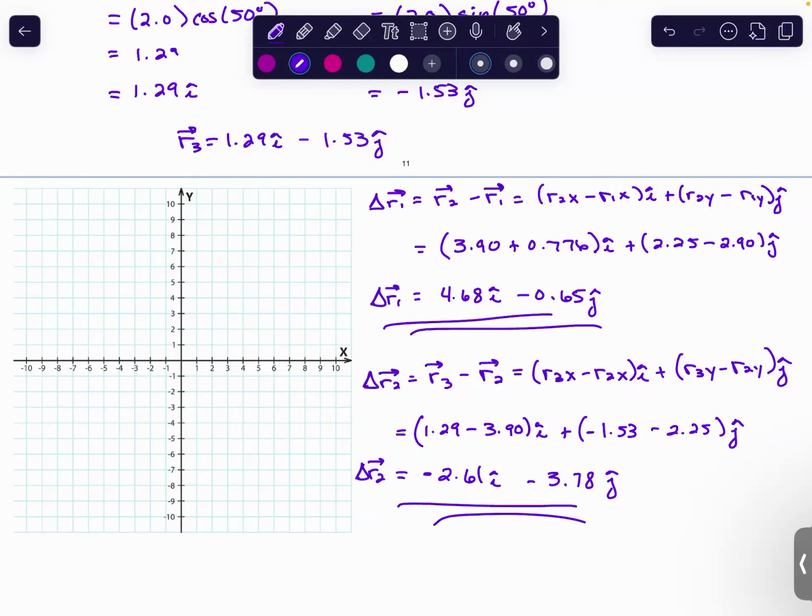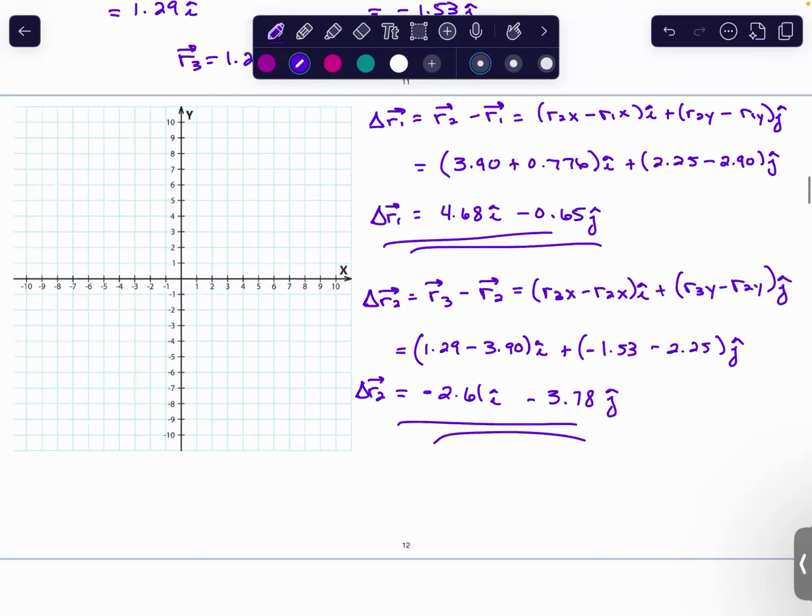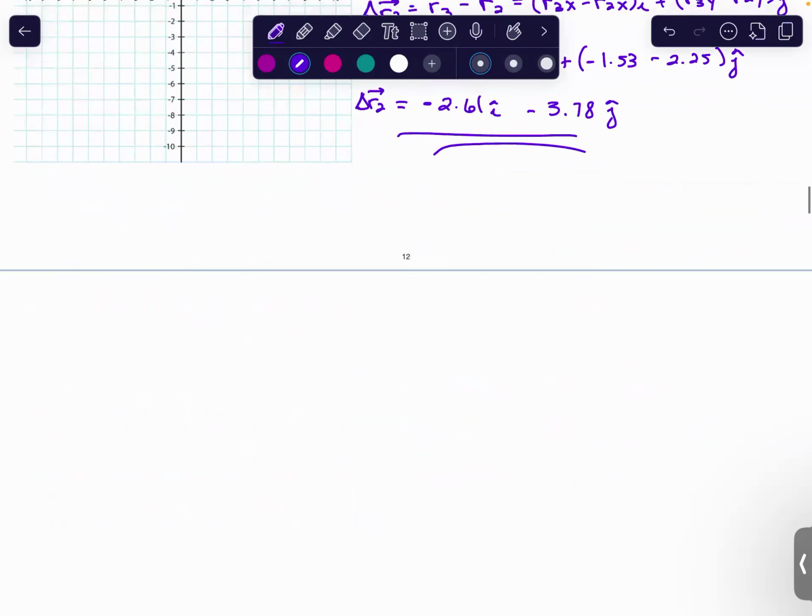Now you need to find the total displacement. Okay, so what does that look like? So remember, this is going to be another sum of all of your displacement vectors.